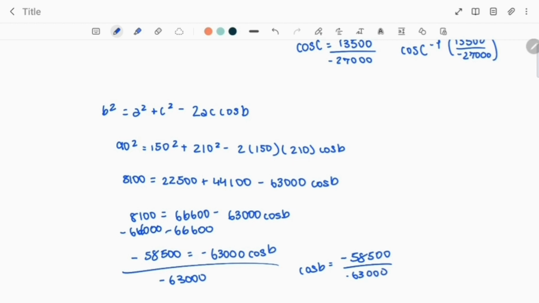We'll find the measure of angle B by doing the inverse of cosine. So cosine inverse of 58,500 divided by negative 63,000. And we will get that the measure of angle B is equal to 21.786789. But we don't need to be that precise, astronaut, so we'll just tell you it's 22 degrees.